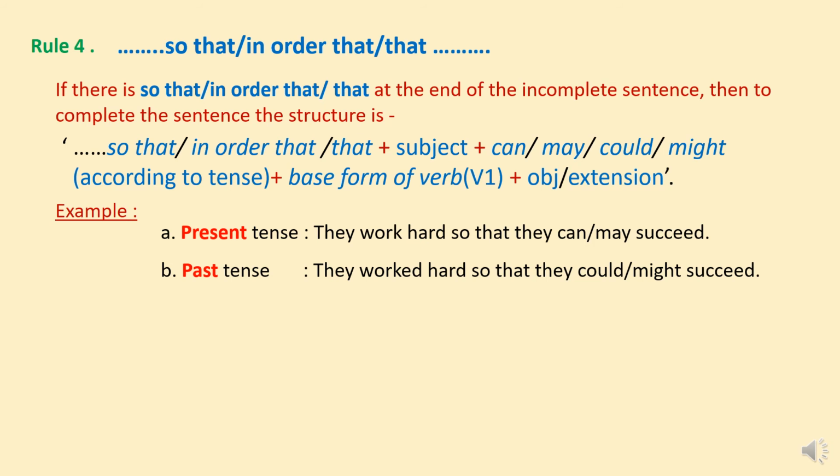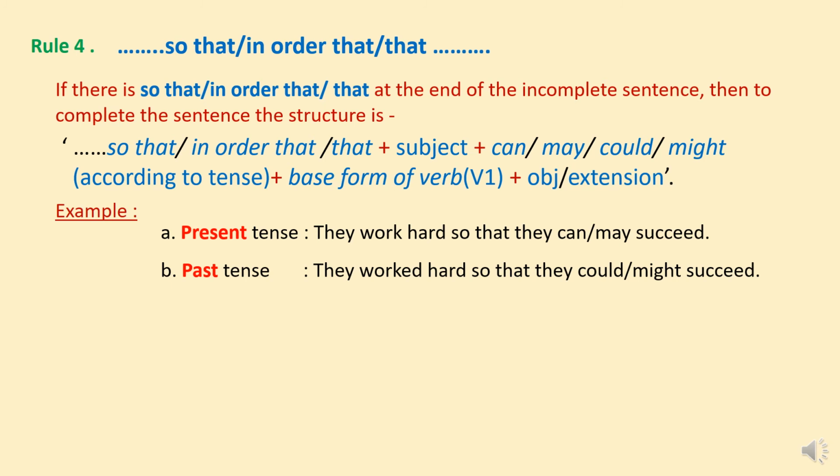They work. It indicates present tense. So after so that there is can or may in the present form. Again, in the second sentence, they worked. Worked, it is in past tense. So after so that, could or might is used. That is the past form of can or may.